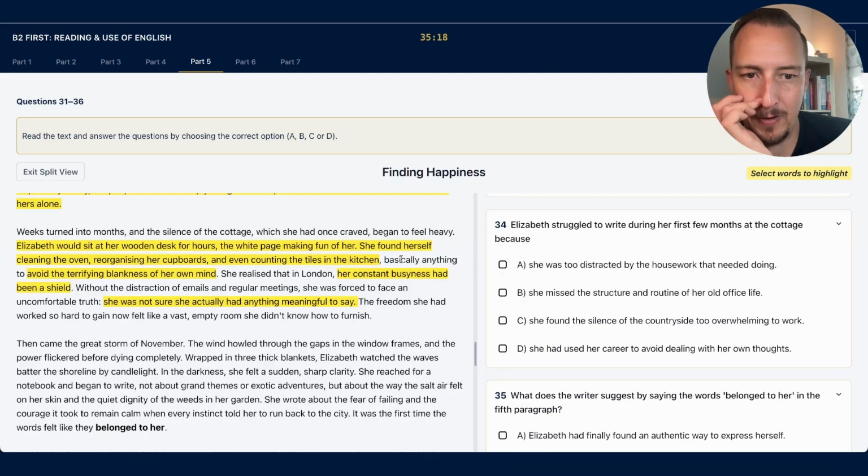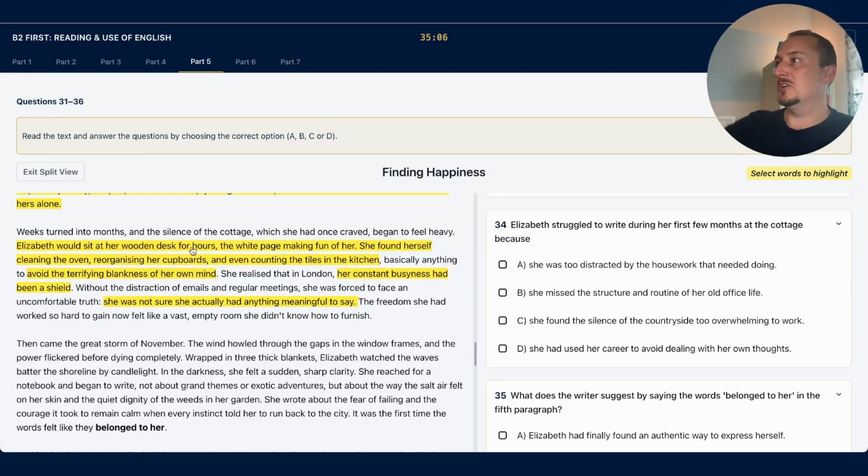So the first one, distracted by the housework that needed doing. Elizabeth would sit. So yes, she did the housework, but it wasn't the reason she was doing it, if that makes sense. It's not that she was doing the housework because she had a load of dishes there. She did it to take herself away from the blankness of her own mind.